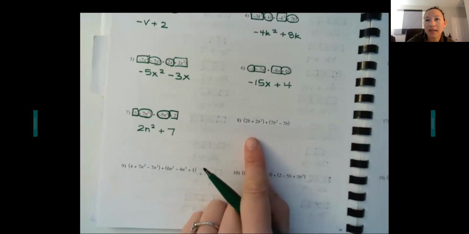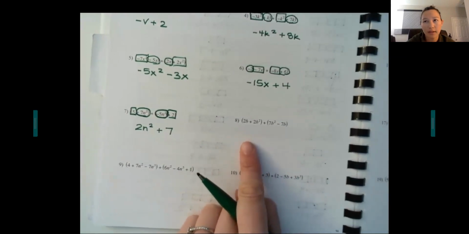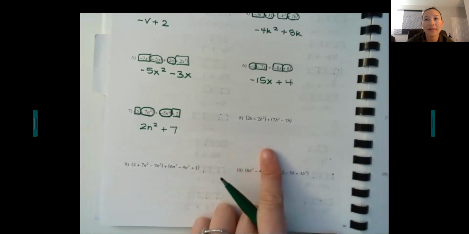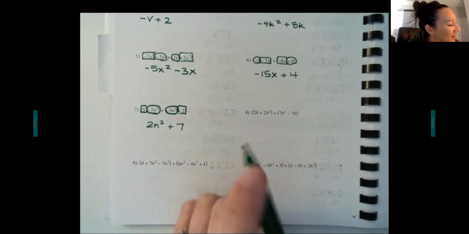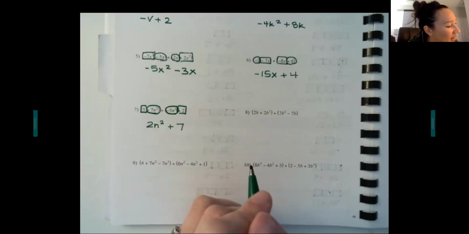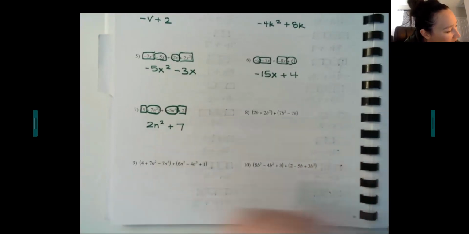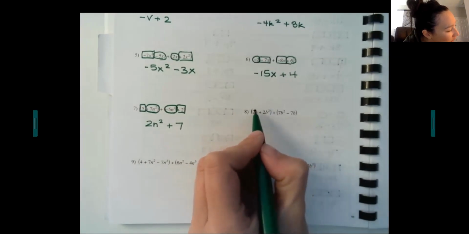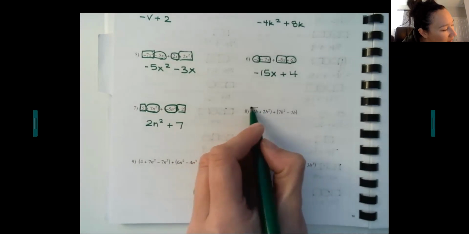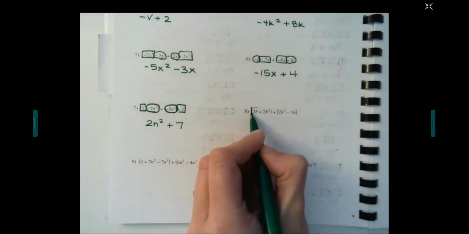And then Kaleni, number 8. Are you back, Kaleni? Hi. Were you able to do number 8? I boxed the 2b and the negative 7b? Mm-hmm. Okay.